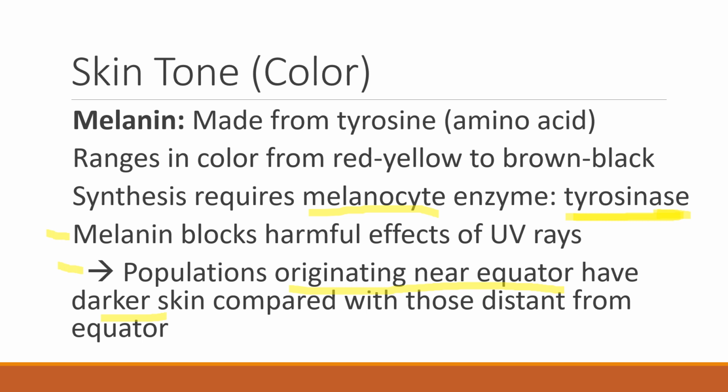Part of that is because, over time, populations in the equatorial regions tended to get darker skin because that melanin provided a survival benefit, if you will. Those with a darker skin tone had beneficial effects in terms of survival from ultraviolet radiation. For those up in the far north of Europe and such, maybe not quite so important.